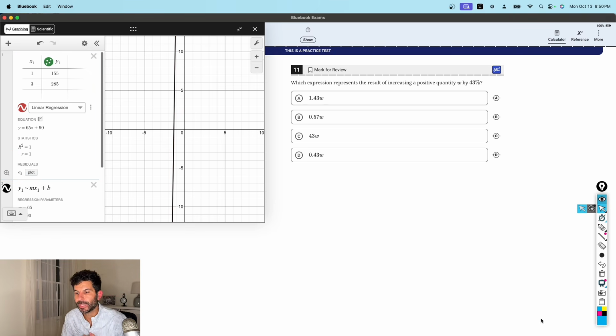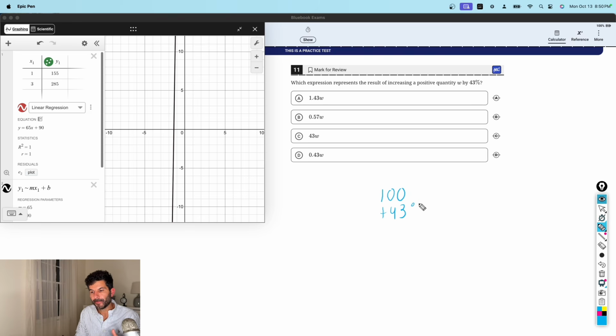Question 11. Which expression represents the result of increasing a positive quantity W by 43%? When you increase by a percent, you're adding that to 100. When you decrease by a percent, you subtract it from 100. It's as simple as that. So if I am increasing something by 43%, then I'm working with 143% of that positive quantity, which in this case is W. I don't see 143% for any of my choices, but they're also the decimal equivalents of this.